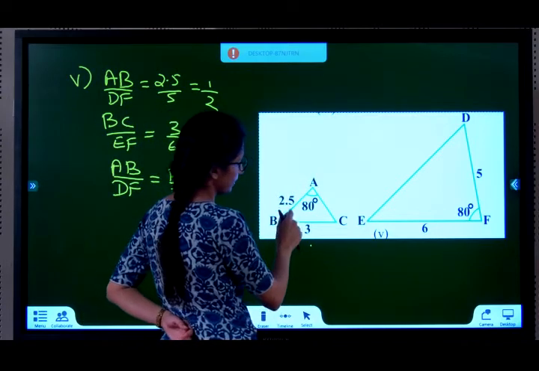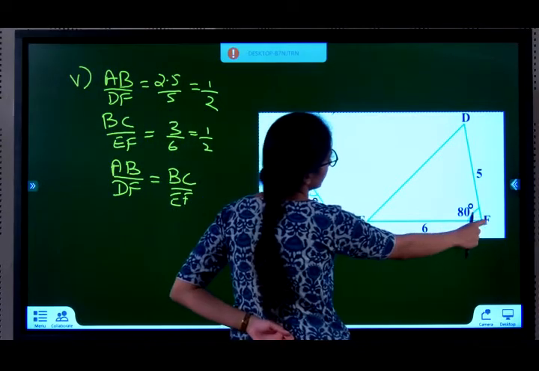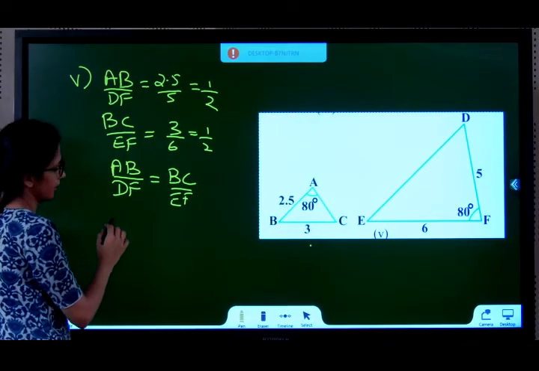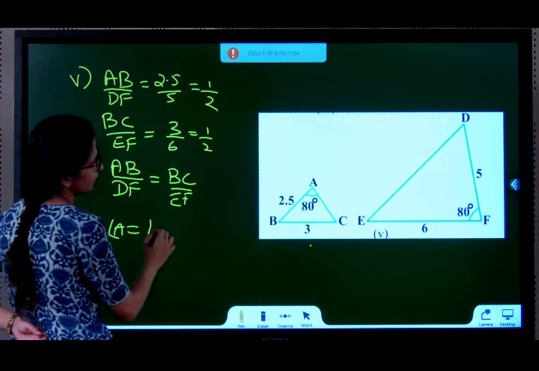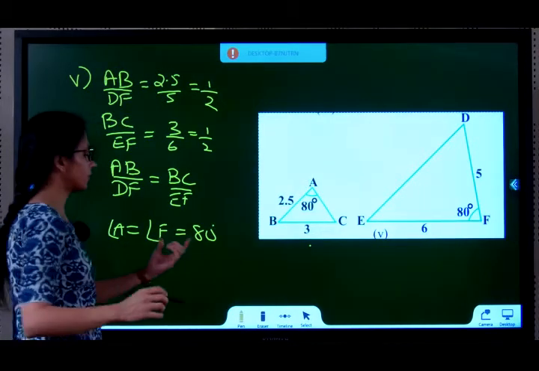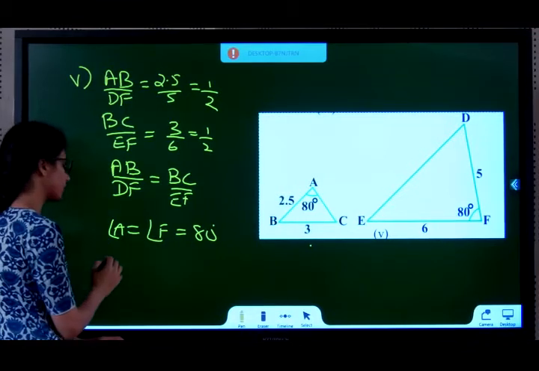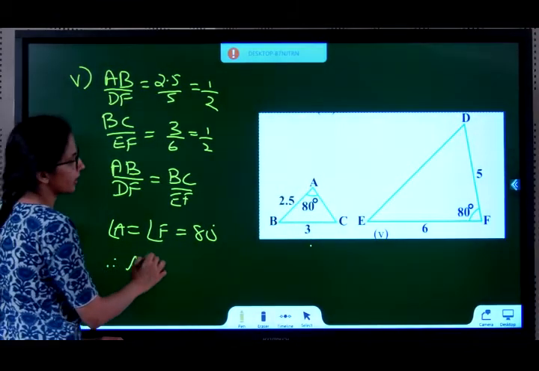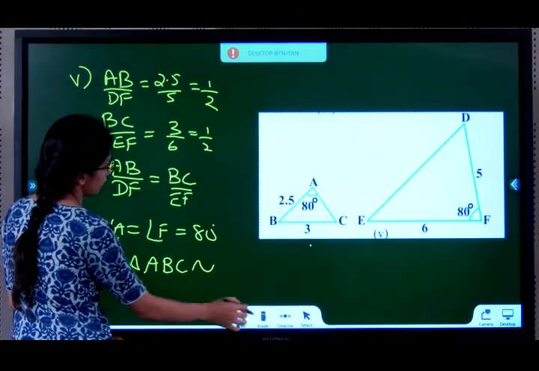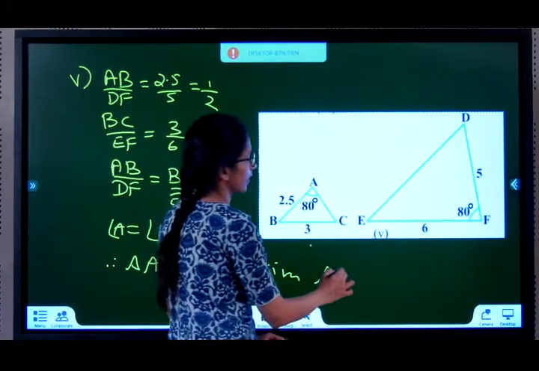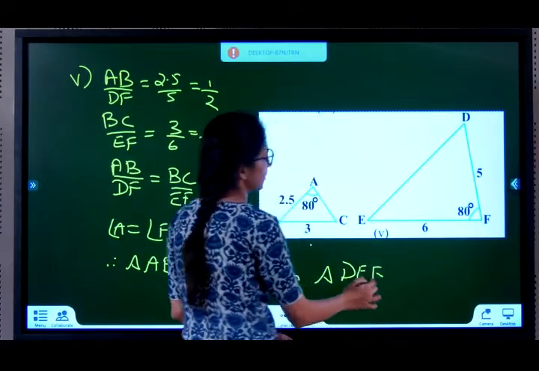The including angle here is angle B. The including angle here is angle F. Including angles are not equal. Angle A is equal to angle F equal to 80 degree, but this is not the including angle that we want. So since the including angles are not equal, therefore triangle ABC is not similar to triangle DEF. Naming doesn't matter when it's not similar.